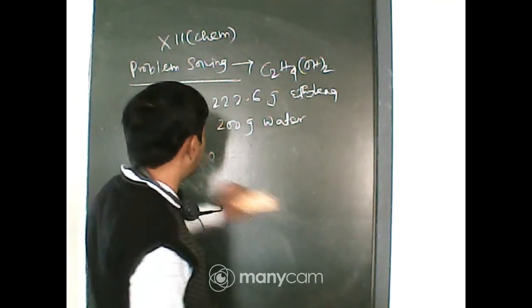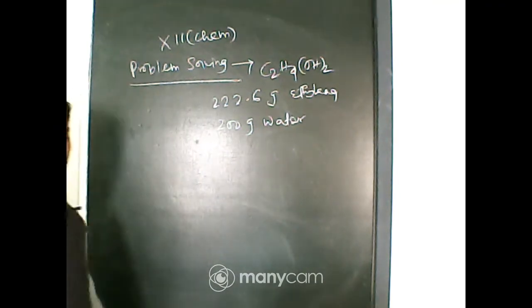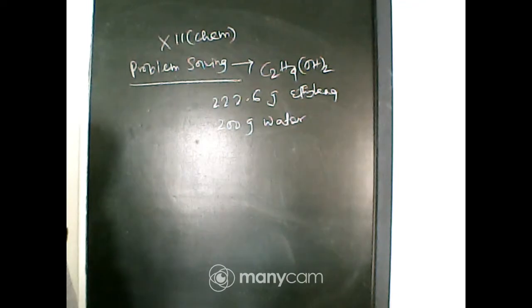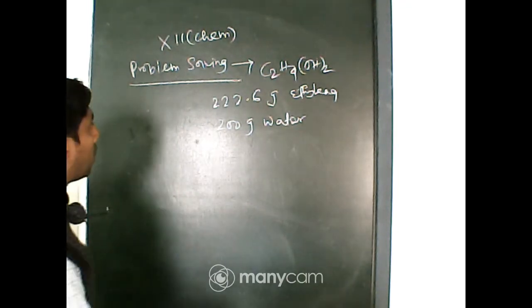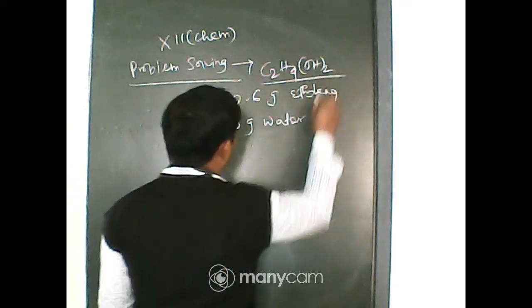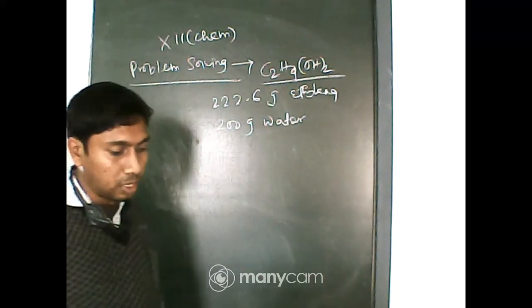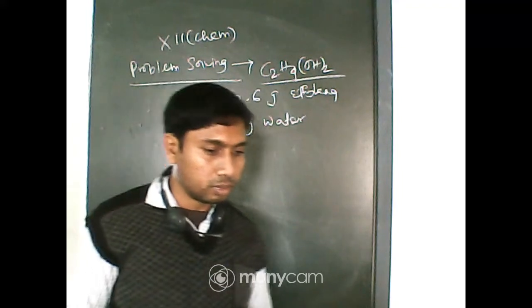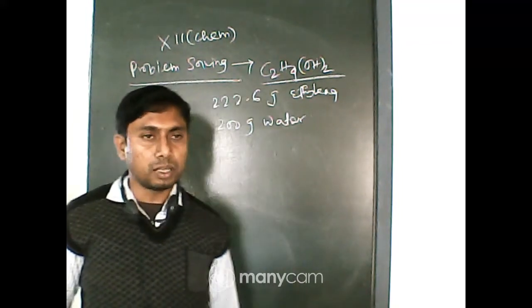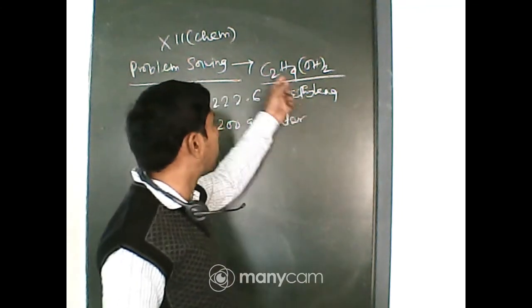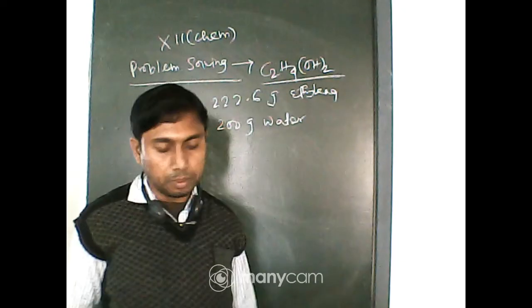Can you do it? How to calculate the molality? Put it in the direct formula. First of all, calculate the molecular mass of ethylene glycol. What is the molecular mass of ethylene glycol? Subhajit, calculate it from the formula C2H4(OH)2.